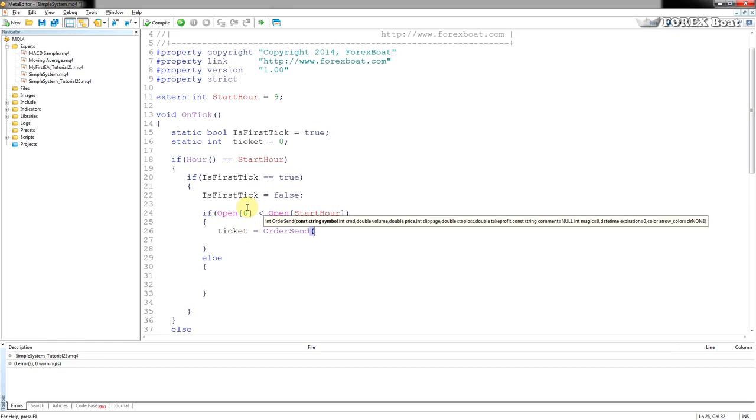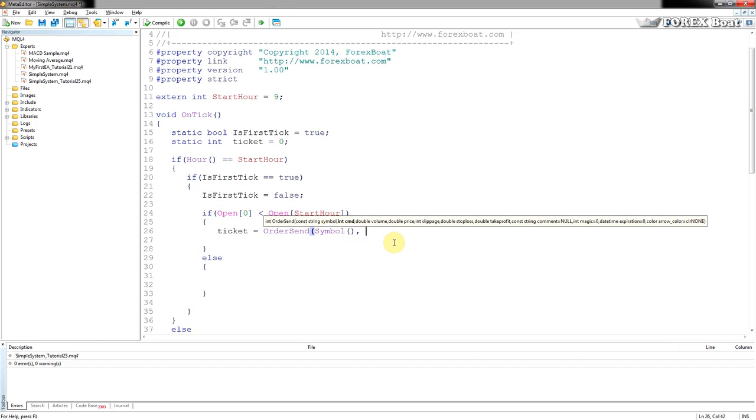So here, instead of typing like we did previously, EURUSD, or in this case GBPUSD, we're going to use a function which tells us which chart the algorithmic trading system is working on, and this function simply returns the name of the symbol where the trading algorithm is being executed.